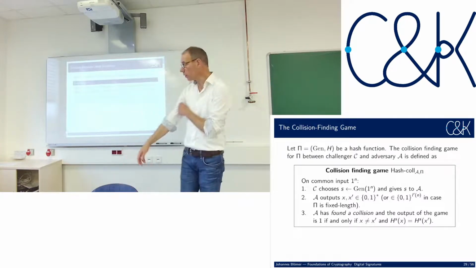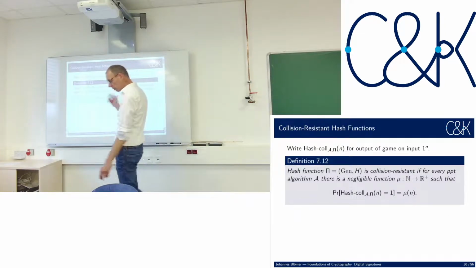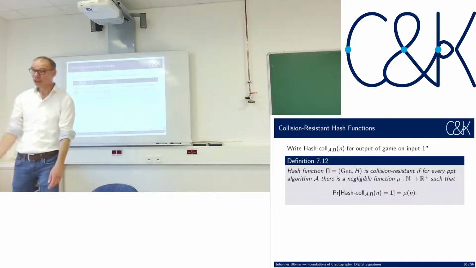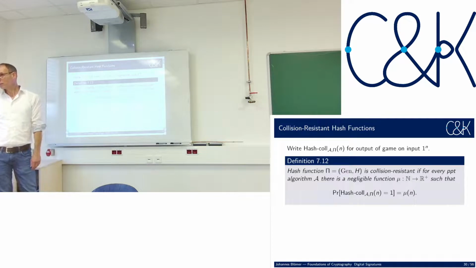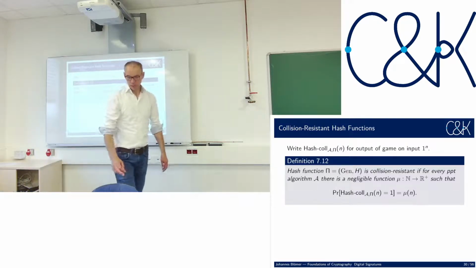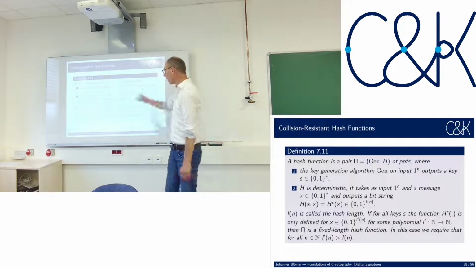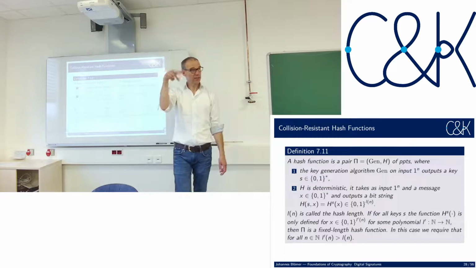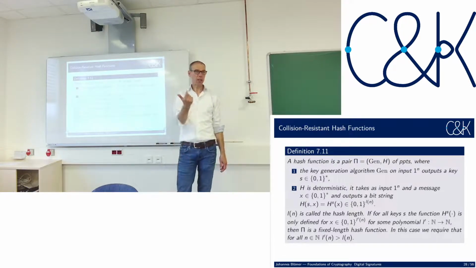And then we do the usual steps and call a hash function collision resistant if for every probabilistic polynomial time algorithm A, there's a negligible function mu, such that the probability that it wins this collision finding game is negligible. Okay. So in practice, what we usually do is, in the background we have these keys and these key functions, but then one key is picked and that's used forever.